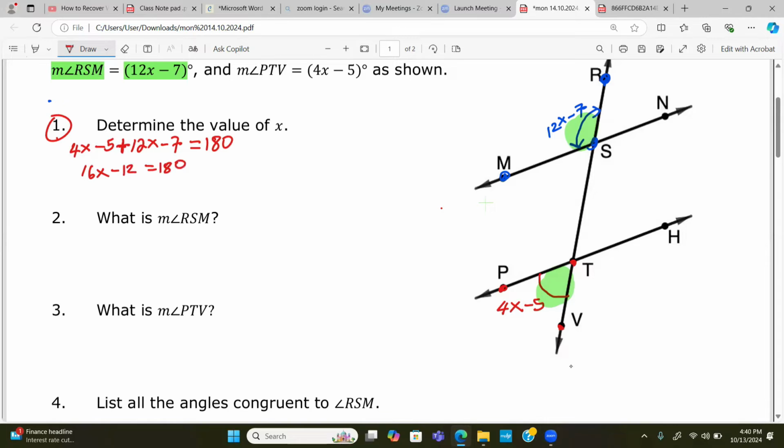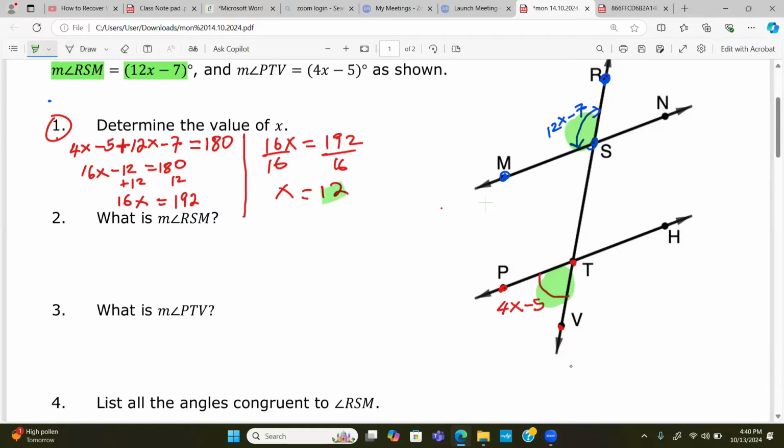I just group my like terms there. Now I'm going to add 12 to both sides, so I'm having 16x equal to 192. Finally, if I divide both sides by 16, I'm going to get x equal to 12. So the value of x is 12 in this situation.